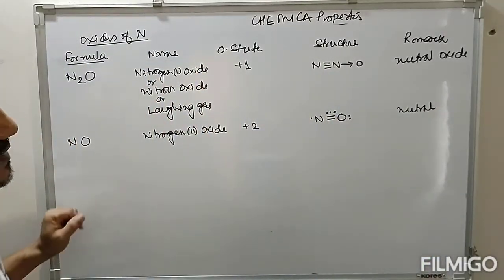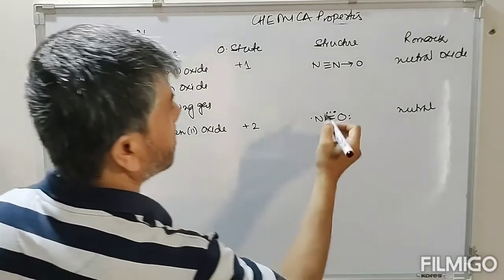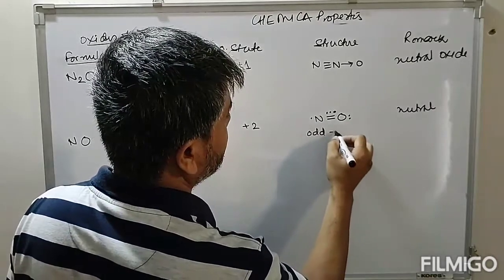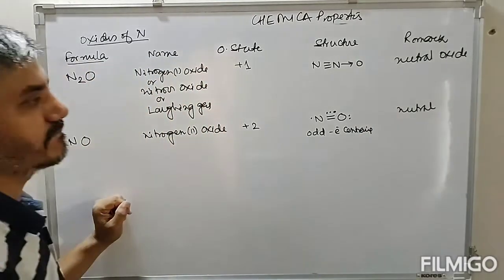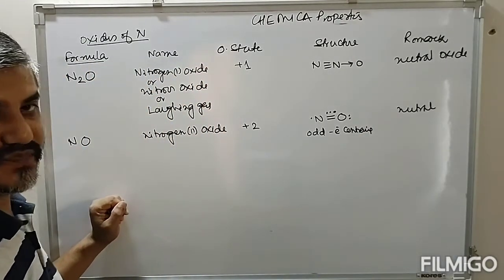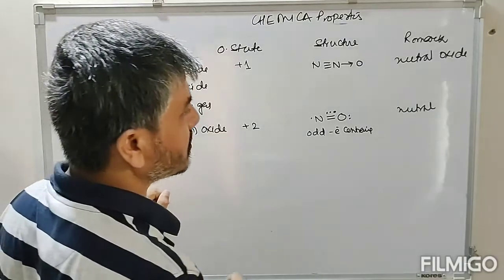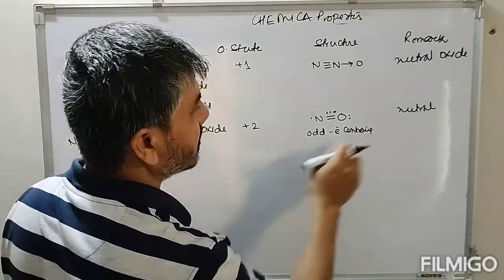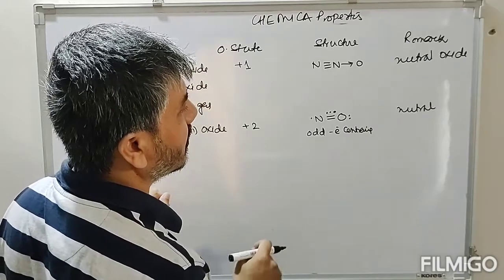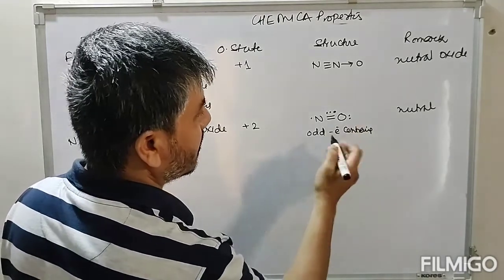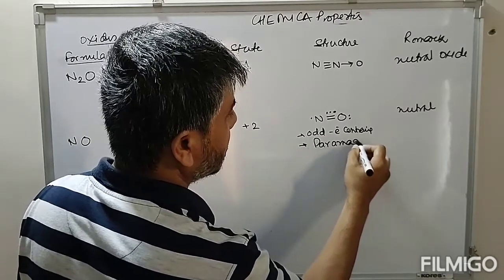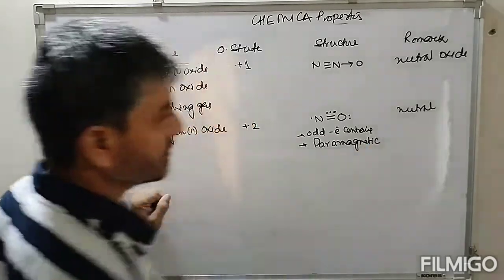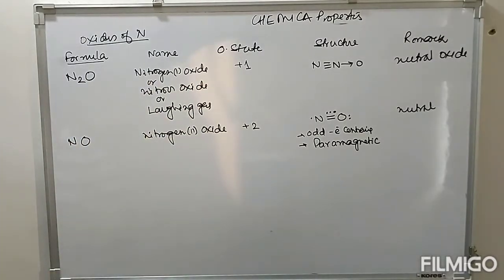If you look at this, it is an odd electron containing oxide. This odd electron containing oxide is paramagnetic. So this being odd electron containing, this immediately tries to undergo dimerization.